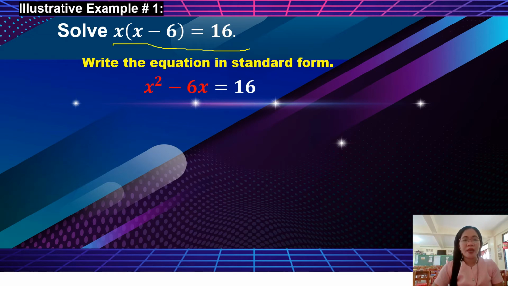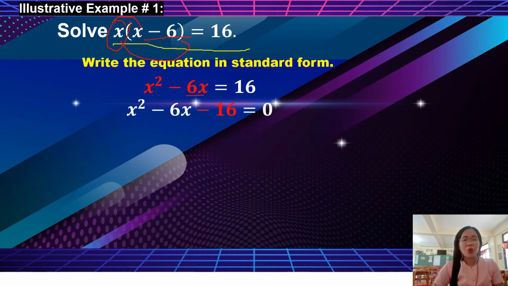So in multiplying a monomial by a binomial, we are going to distribute the monomial to the binomial. So, atong i-distribute si x ni x minus 6. So, to start, x times x is x squared. X times negative 6 is negative 6x, then equal 16.